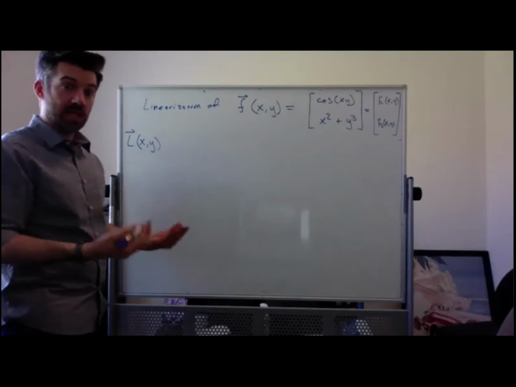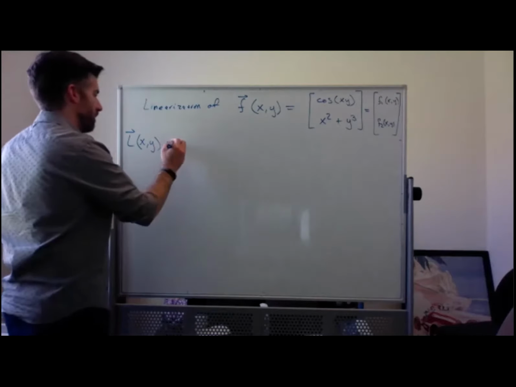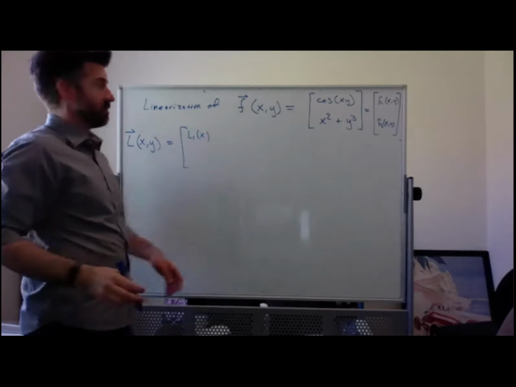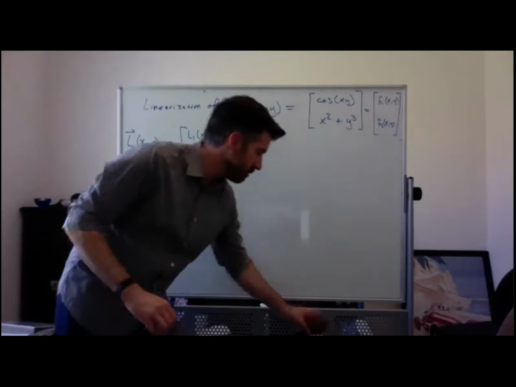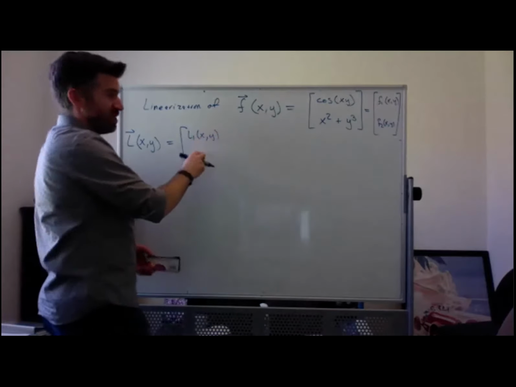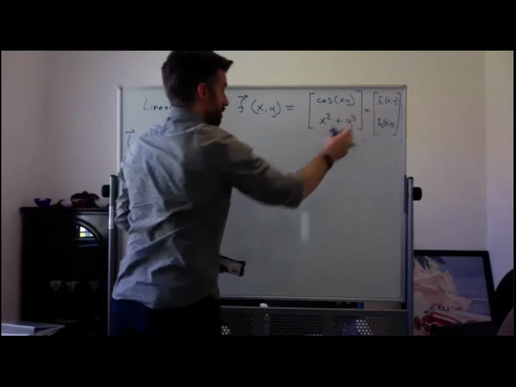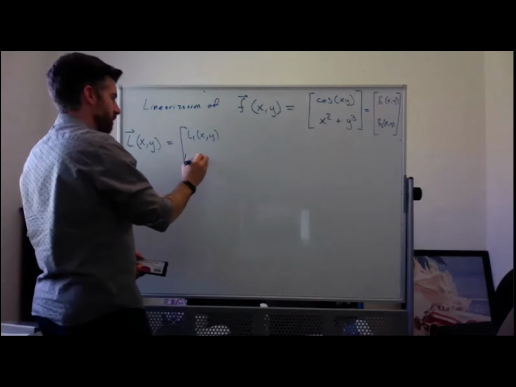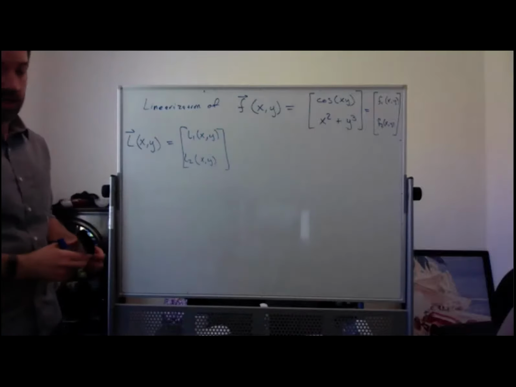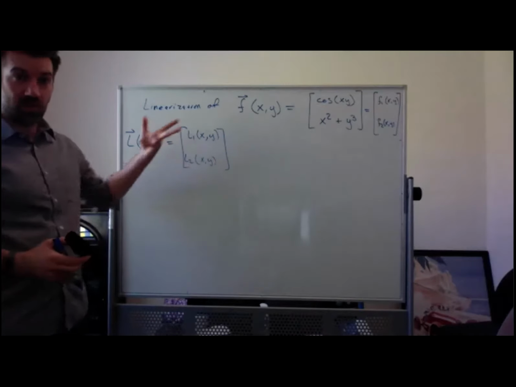They're both going to be linear functions. I'm going to think of it like this. It's L1 of x, y, which is just going to be the linearization of f1, and it's L2 of x, y, which is just the linearization of f2. And again, this is a vector, right? There's two components.